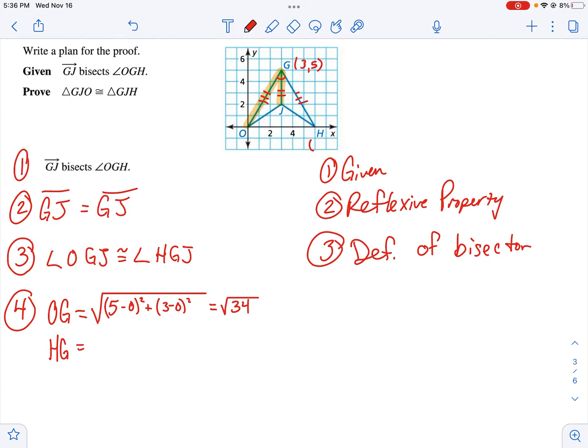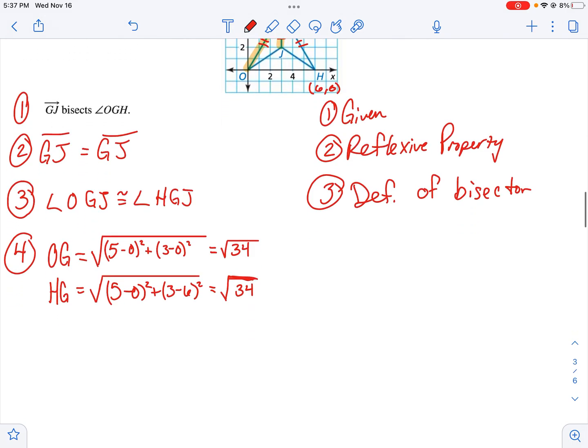HG, H is 6, 0. So HG would be 5 minus 0 squared and 3 minus 6 squared, and the order there really doesn't matter since addition is commutative, and you would end up with another square root of 34. So I've proven that those are equal by the distance formula.